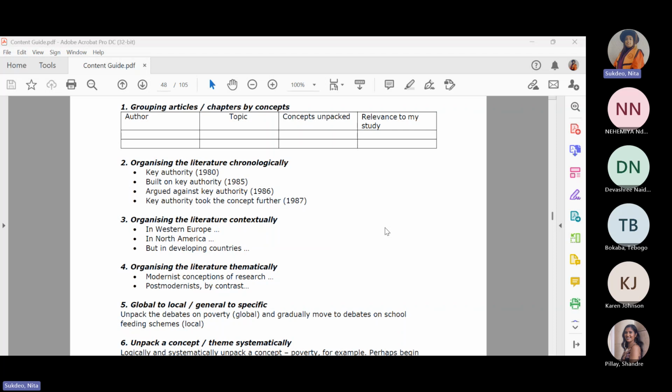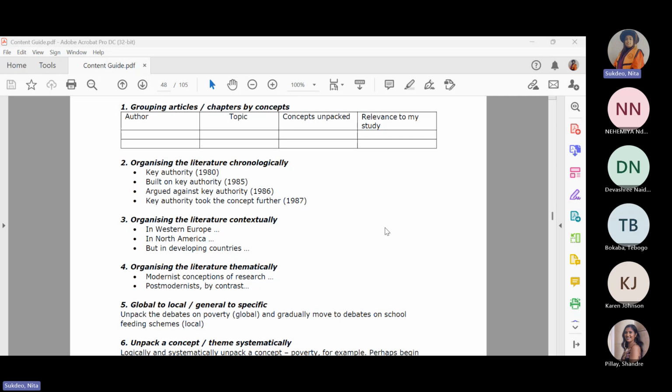The global to local approach is also about starting with the global scale being very broad, narrowing it down to Africa or a specific continent, and then narrowing it down to the country where the research is being done. In our case, global, African, South African.